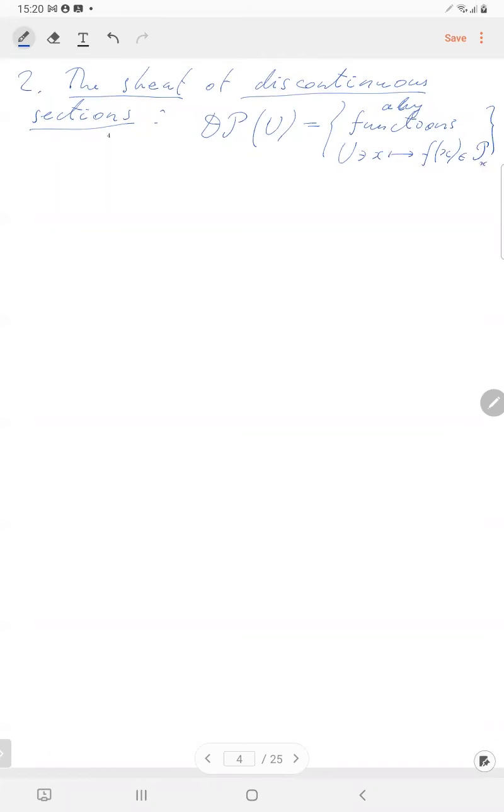But once again, the stalks at different points are different. There's no way to compare them. So the values of functions at different points lie in different sets. But still, they are functions, and for this reason, this is a sheaf, just for trivial reasons. D P is a sheaf for free.